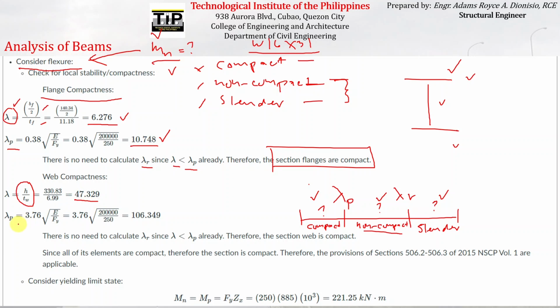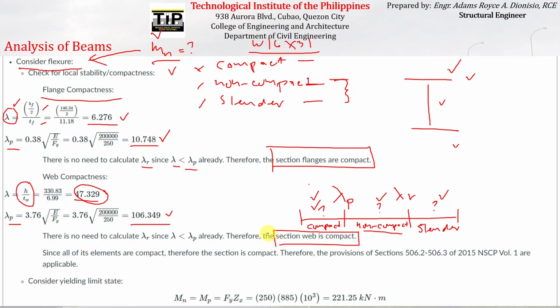We just have to compare that to the limiting width thickness ratio for compact section components, which is equal to this if you compute it. And we can see that the given width thickness ratio for web is included here. It is actually less than lambda p, which is equal to 106. Therefore, we can easily say that the web is actually compact.